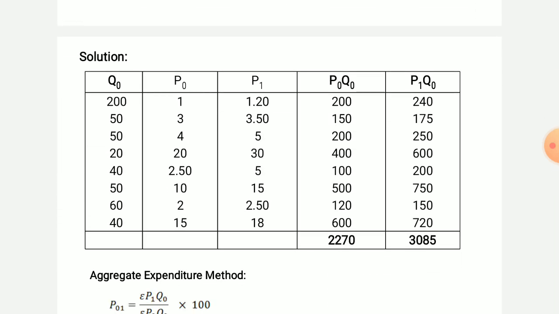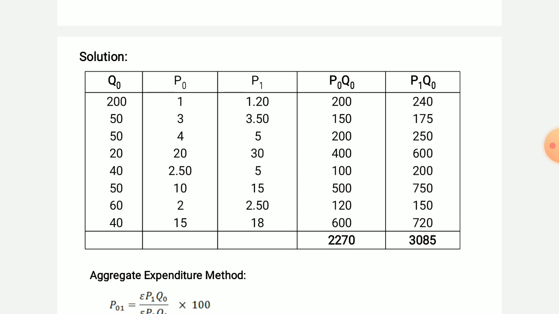So before calculating the value of P01, first we have to prepare a table showing the values of P0 Q0 and P1 Q0. The given data is to be shown in the first three columns: Q0 in the first column, P0 in the second column, and P1 in the third column.